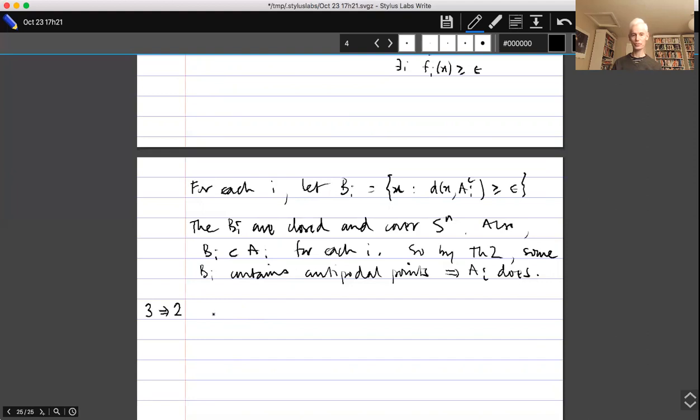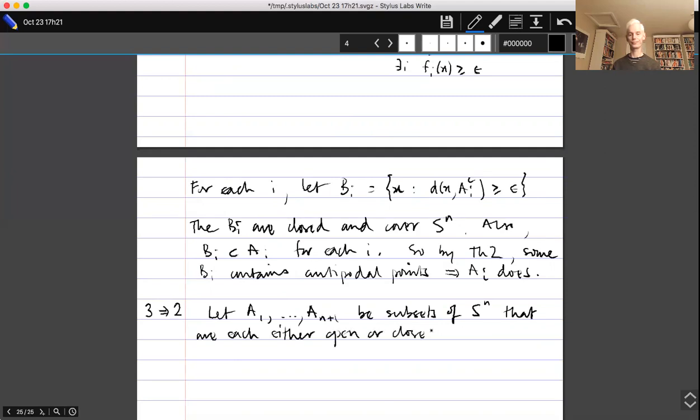So here's the statement I want to deduce from the open sets version: let A_1 to A_{n+1} be subsets of Sn that are each either open or closed, and suppose that their union is Sn, or that they cover Sn.